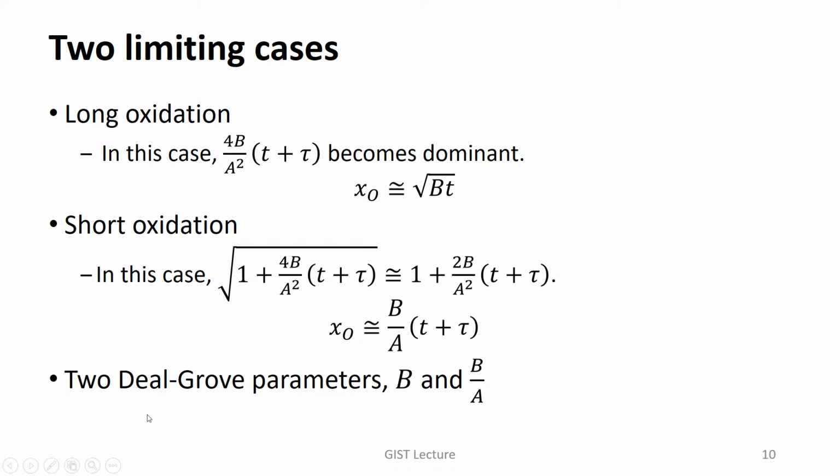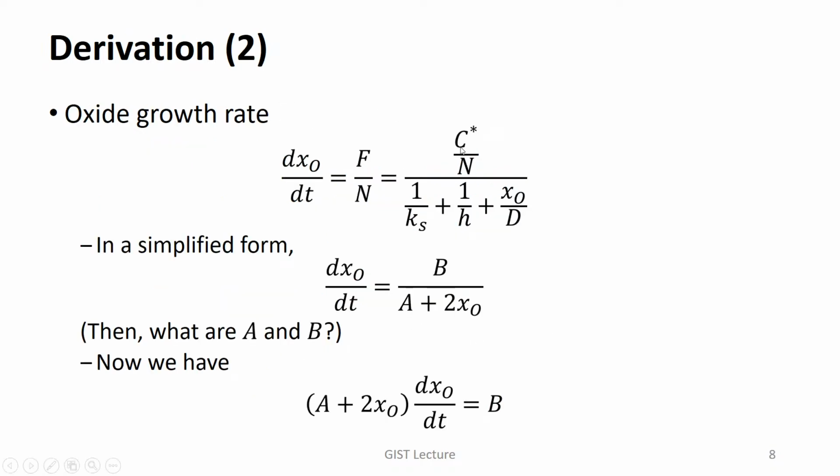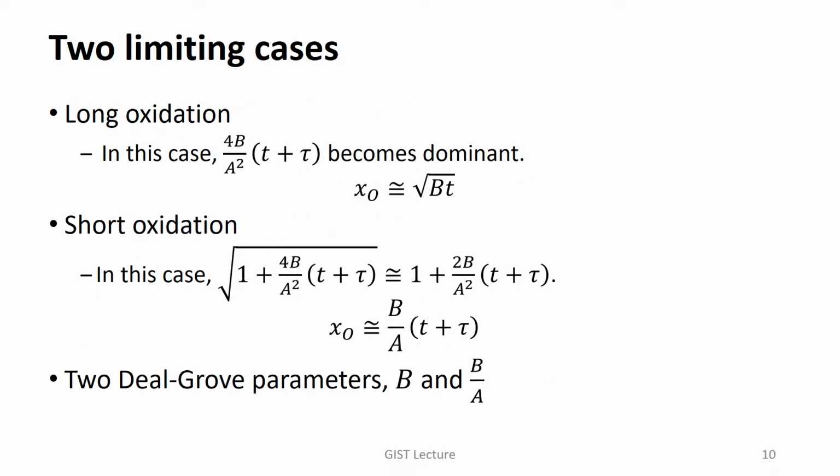Of course we can understand that the A and B parameters consume the physics inside them, because A and B are all related with C star and Ks, H, D, which can be functions of many parameters like temperature or pressure. And tables for B and B over A parameters can be found in textbooks or research papers, so we can use them.